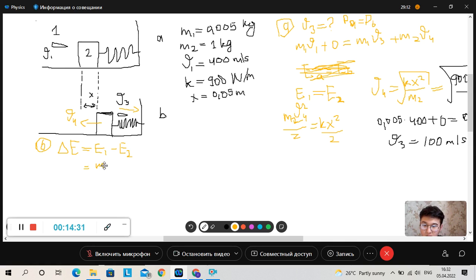E1 is m1 v1 squared divided by 2, minus m1 v3 squared divided by 2 plus m2 v4 squared divided by 2.